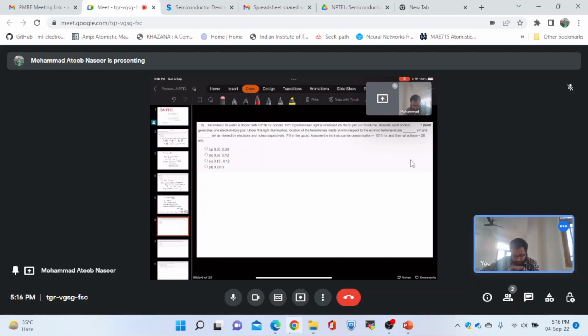So if we solve this problem normally, under thermal equilibrium, we know that when we shine light on this semiconductor bar, this will clearly move out of the equilibrium, and we will be having two different Fermi levels corresponding to the electron Fermi level and the hole Fermi level.